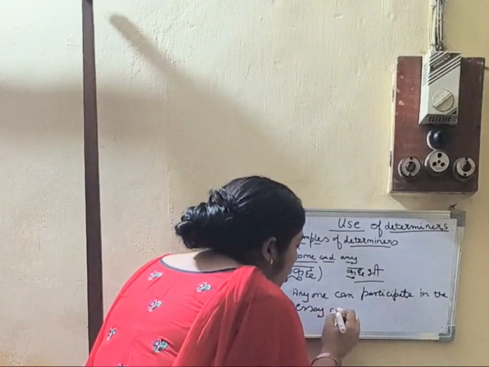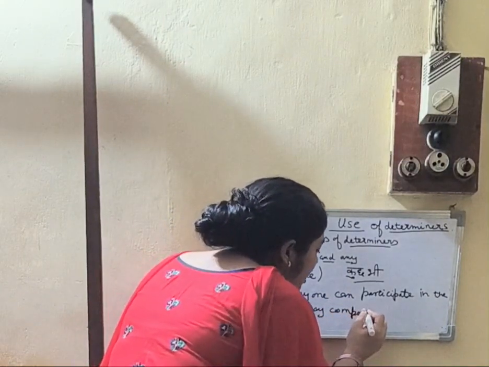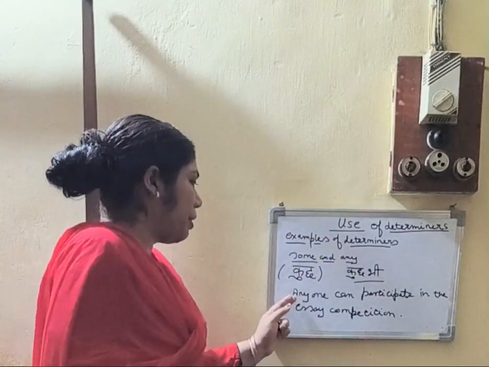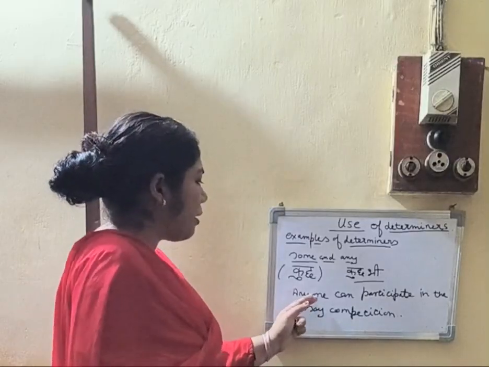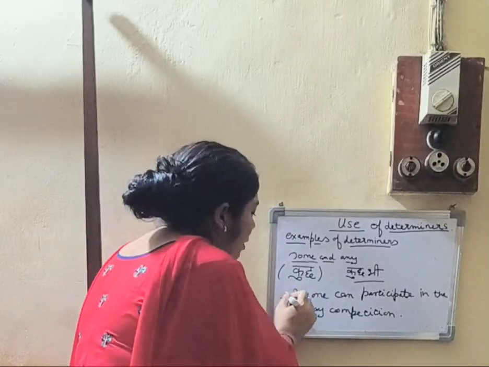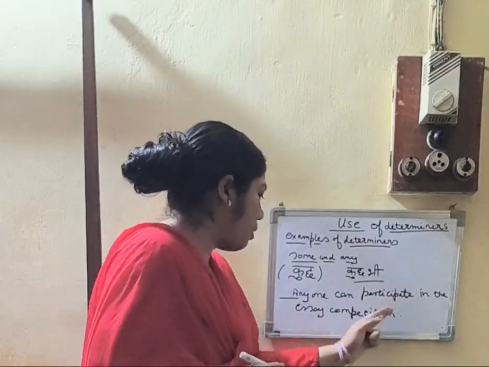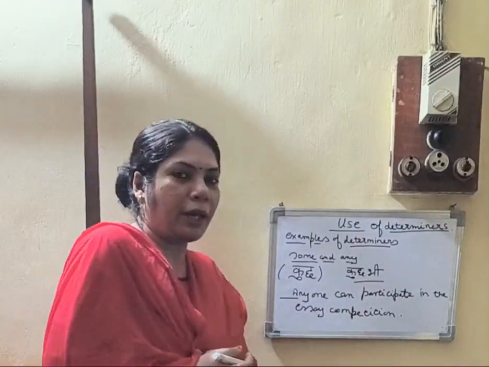Okay, so this is the simplest example I have taken using the determiner any. Okay, from any we have made one simple sentence. Anyone can participate in the essay competition. Okay.